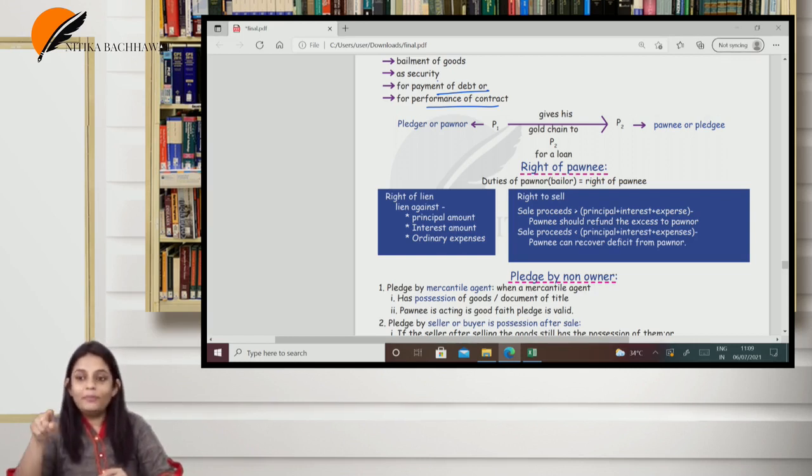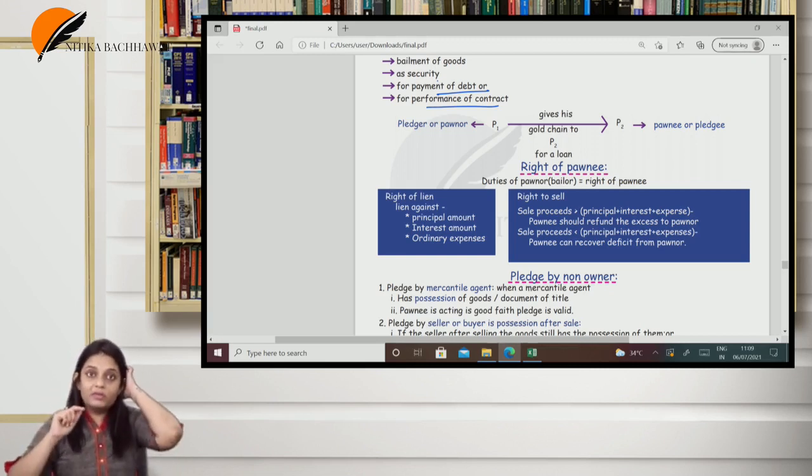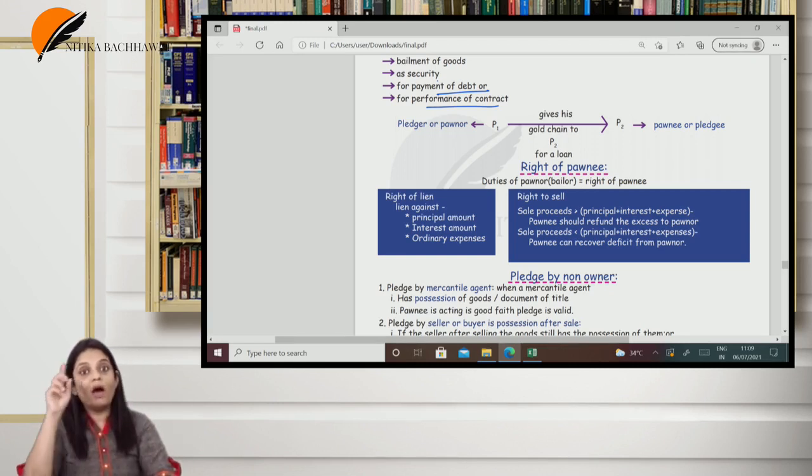He says, I kept this shirt for 2 months, it was occupying my space, my shelf, pay me for that.